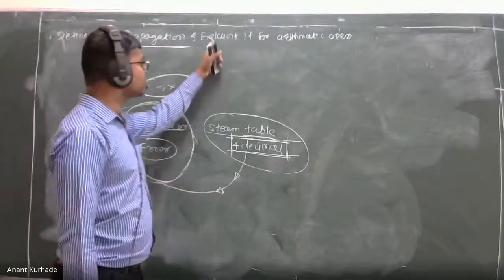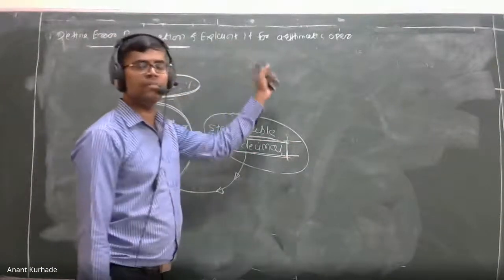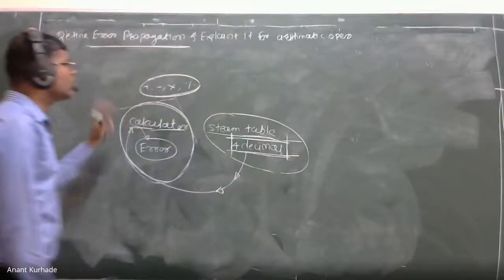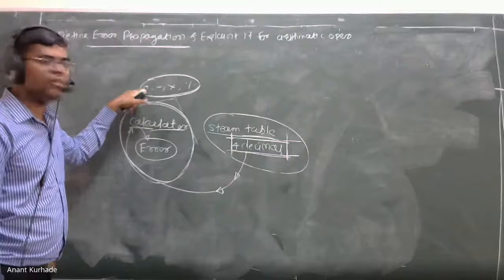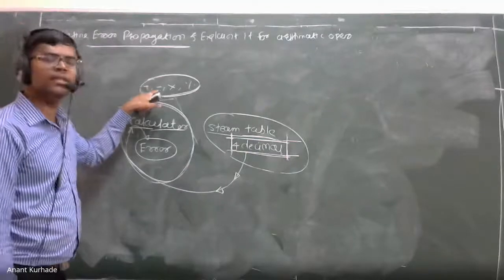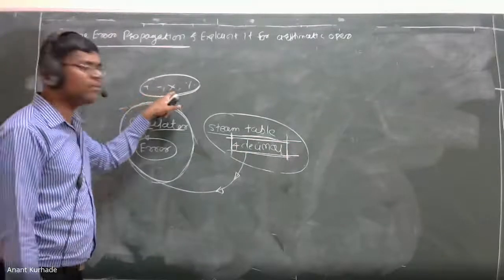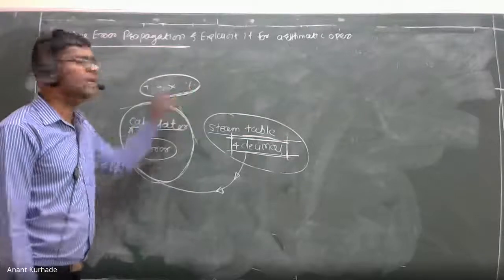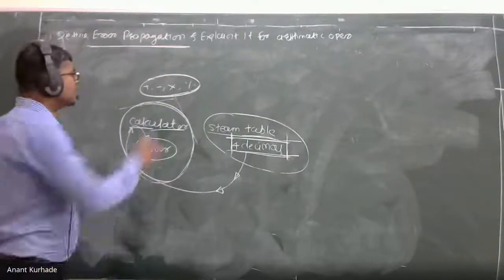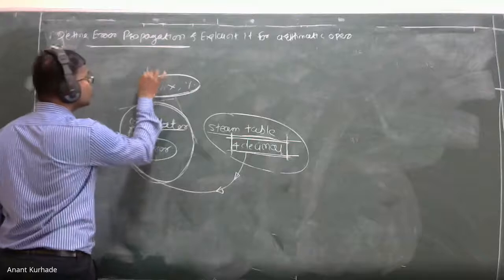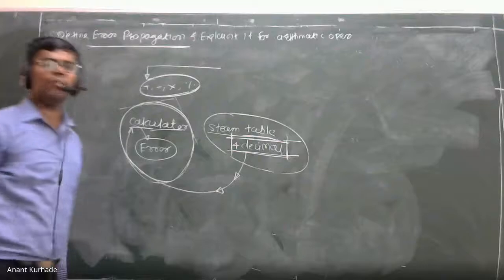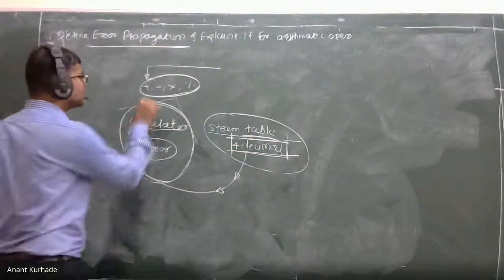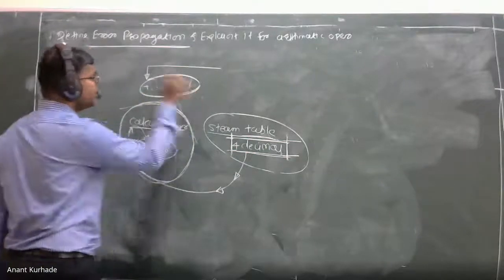Now you have to explain how the error will travel during addition, subtraction, multiplication and division. This is very important. We have four arithmetic operations: plus, minus, into and division.